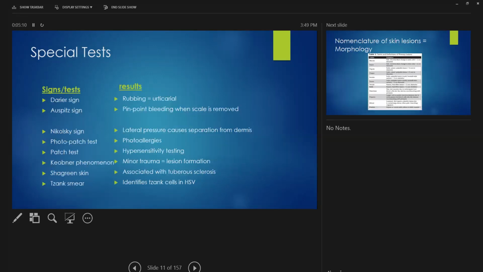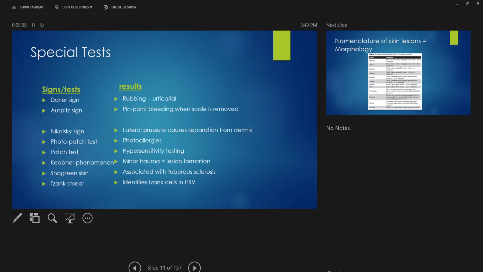There are some special tests. There's the Darier sign, which means when you rub the skin, it causes an urticarial reaction. The Auspitz sign is pinpoint bleeding when you remove the scale.